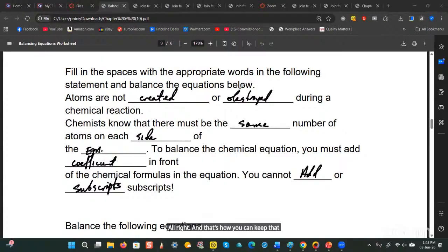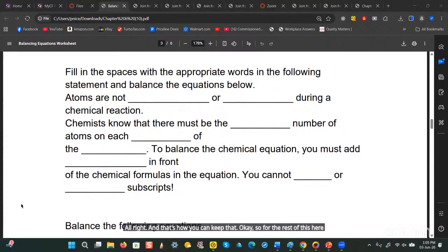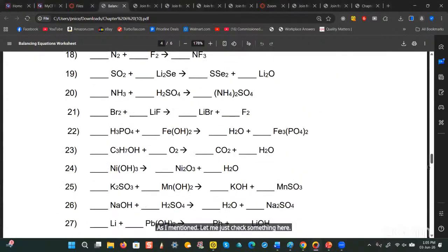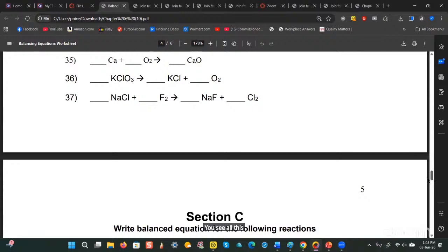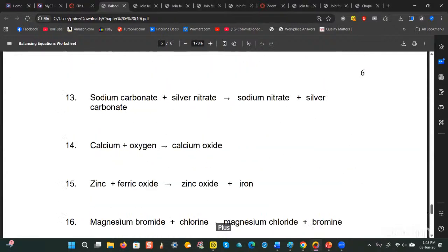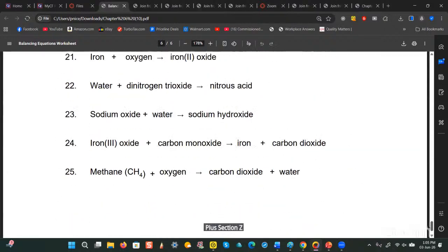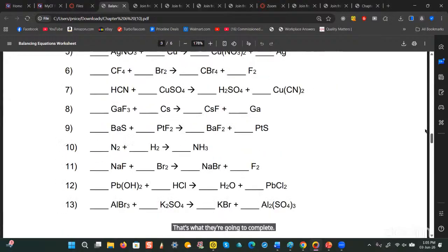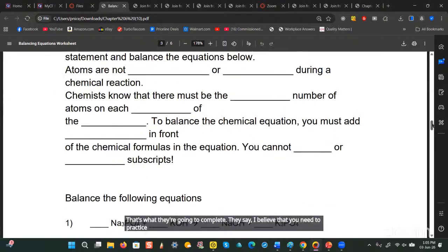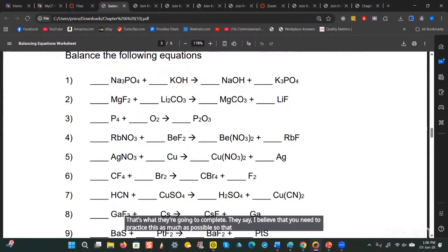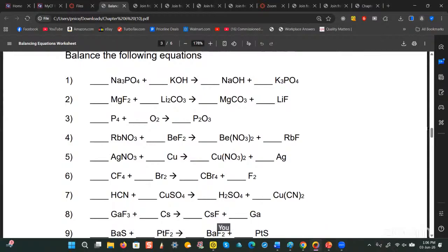Okay, so for the rest of this assignment, you see all this plus section C. That's what you're going to complete. I believe that you need to practice this as much as possible so that by the time you get to the next stage, you can balance any equation.